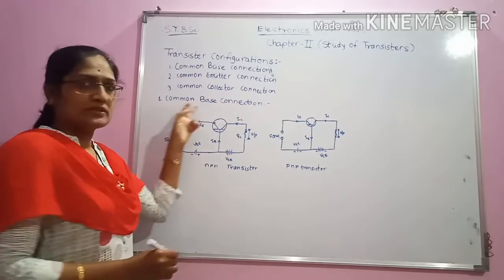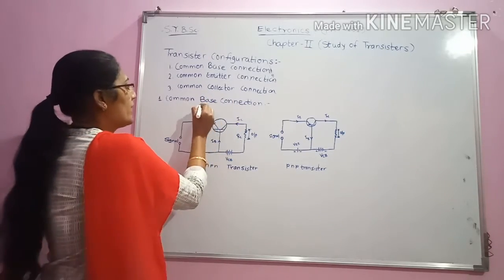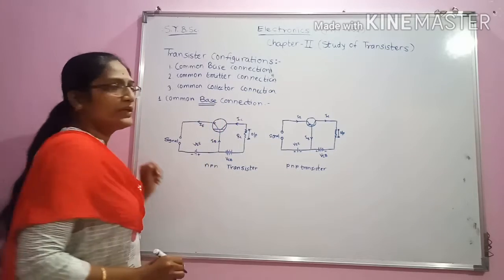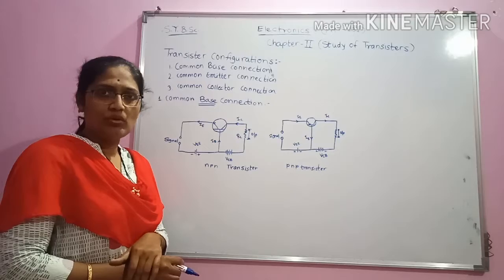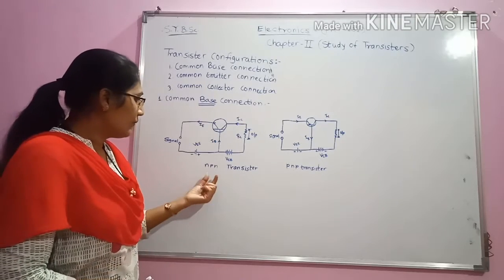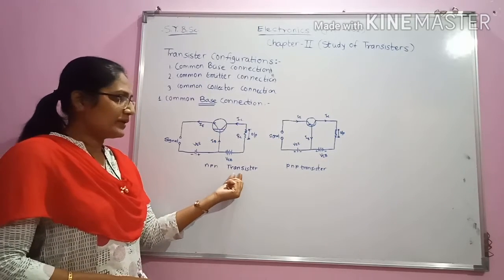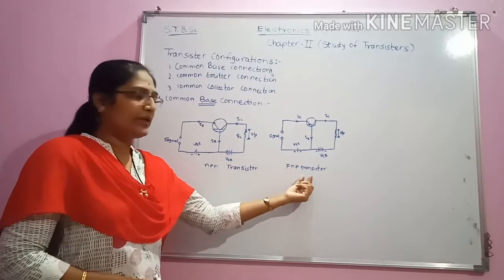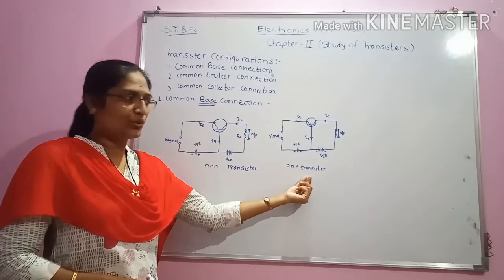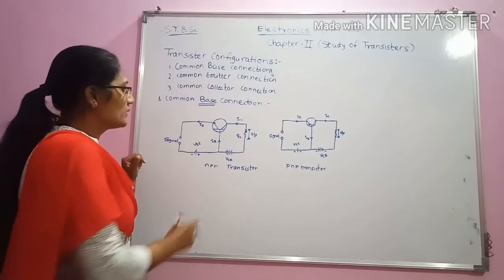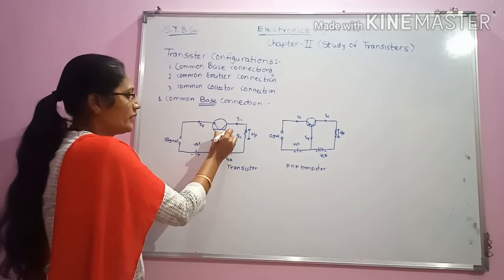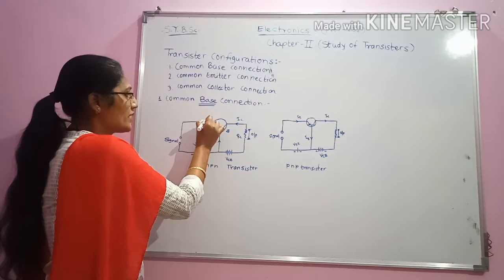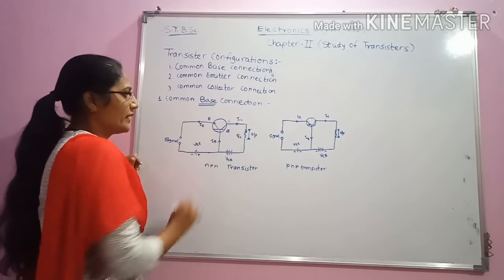In this common base connection, we have to make the base of the transistor common to input and to output. Here, one NPN transistor circuit and one PNP transistor circuit is shown. Here it is emitter, here it is base, here it is emitter and here it is collector.